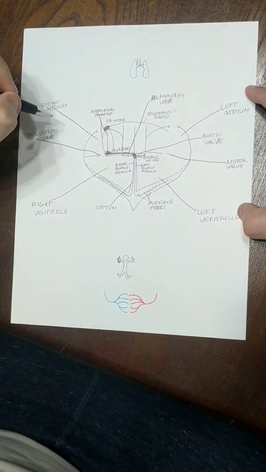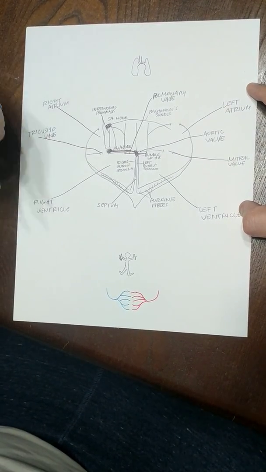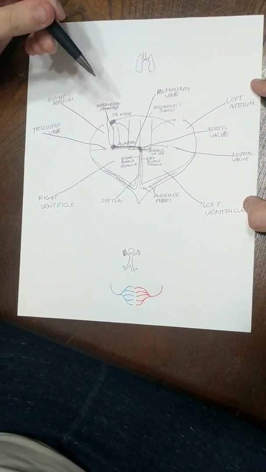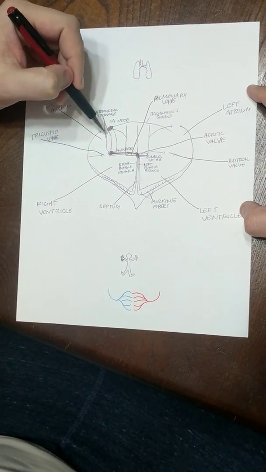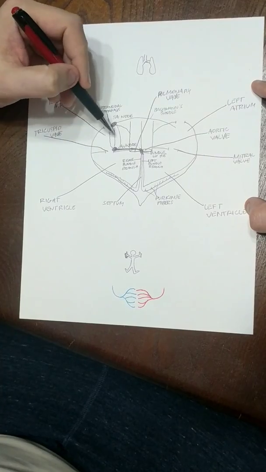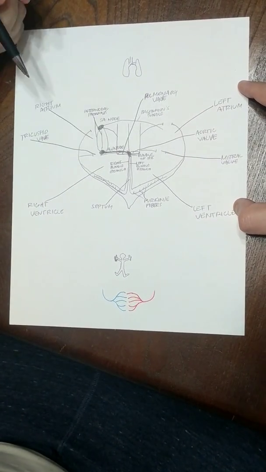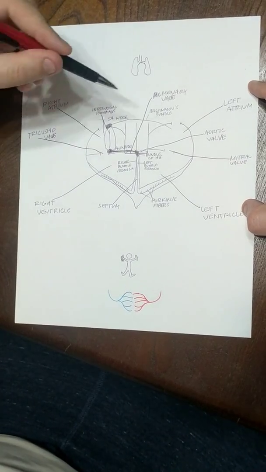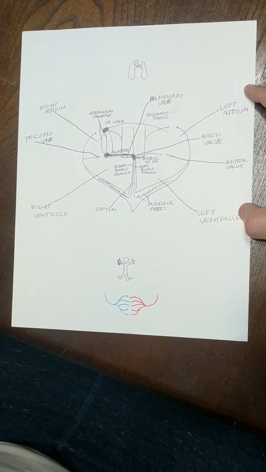So that's the basis of the electrical system of your heart, which allows the mechanical system of your heart to function. As these fire, they cause the myocardial cells, or your heart cells, to contract. As they contract in sequence, they cause your blood to flow.